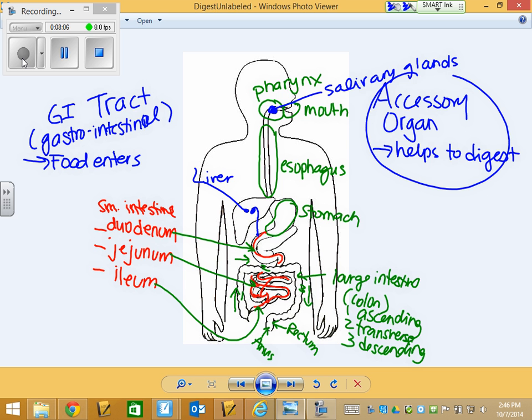Now, in some of the pictures in your textbook, the gallbladder looks like it's faded, and that's because it's usually on the undersurface of the liver. It's not on the front where you can see it right away. So when we get to the point where we're going to do the dissection of a fetal pig, which will have an entire digestive system in it, you will have to lift the liver up to find the gallbladder.